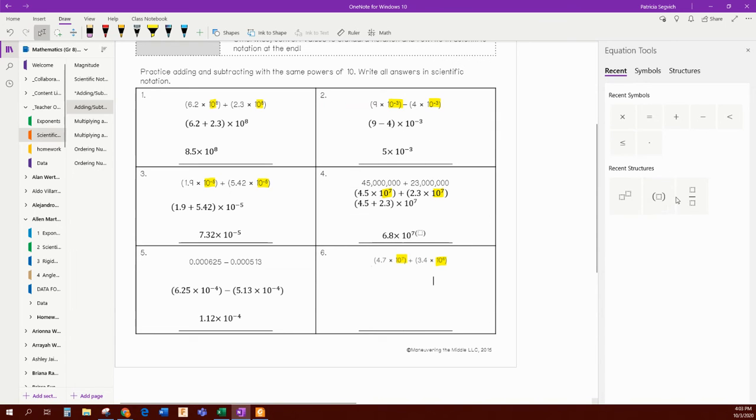So I'm going to bring this over here: 4.7 times 10 times 10 to the 6th, plus, and over here we have our 3.4 times 10 to the 6th.